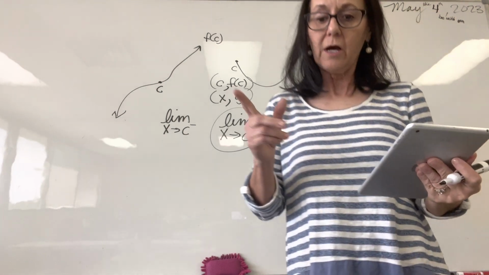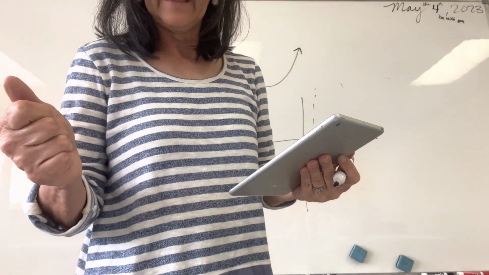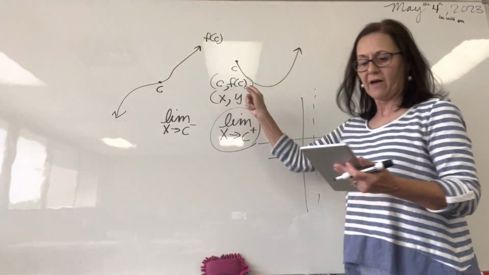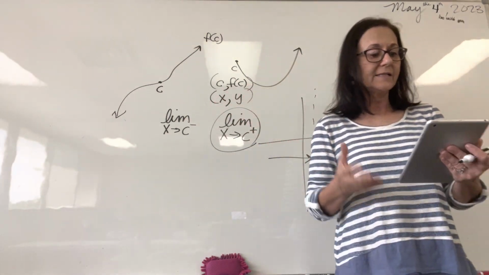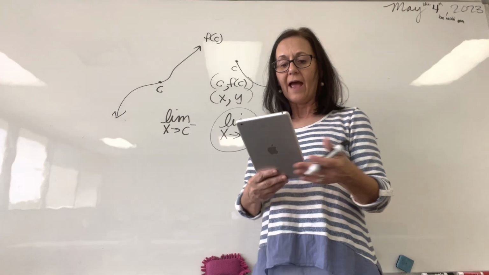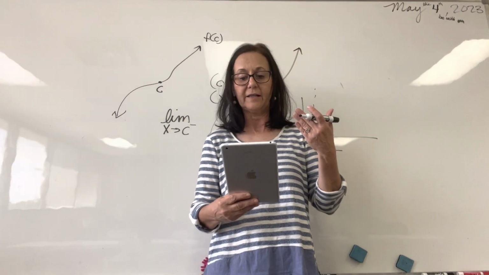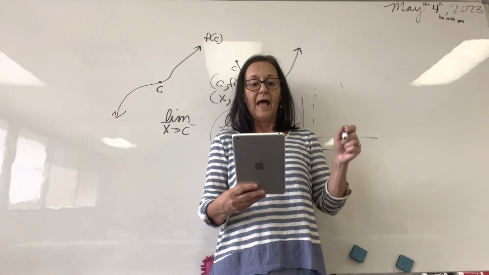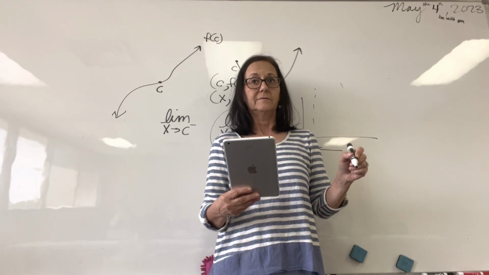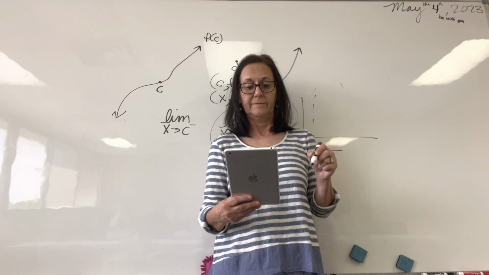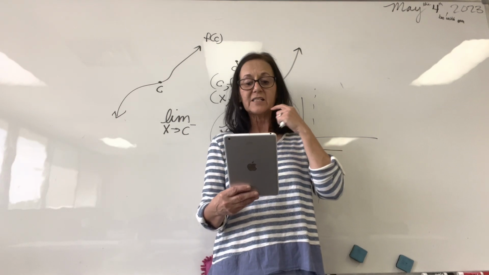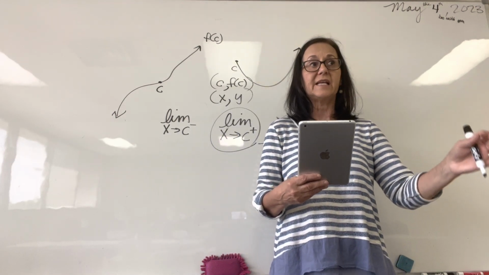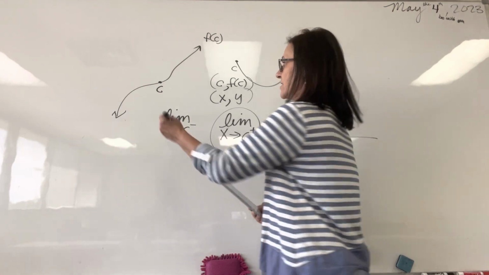All right, so look right under continuity at an interior point. It says if the point C, f of C, which is just x, y, is an interior point of the graph, and the graph can be drawn around that point without lifting the pencil, then at the very least this must be true: f of x is defined where x equals C, and f of x must be defined for any number near C. That's this one.